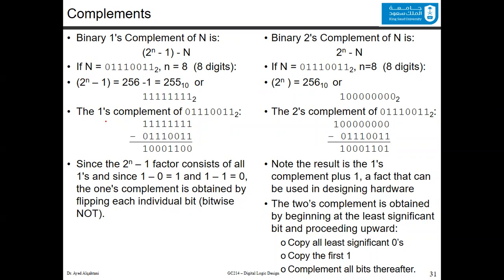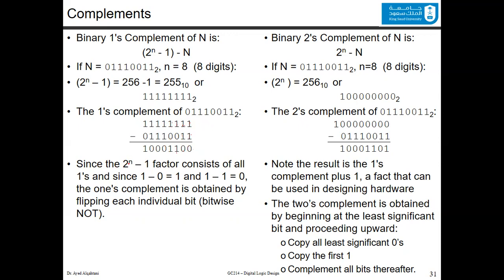Now, to get the ones complement of this number, we take the 255 and subtract this number from it. The subtraction is super easy. You don't need to do any borrowing because you have ones all the way. So 1 minus 1 is 0. 1 minus 1 is 0. 1 minus 1 is 0. 1 minus 1 is 0. 1 minus 0 is 1. 1 minus 0 is 1, and so on.